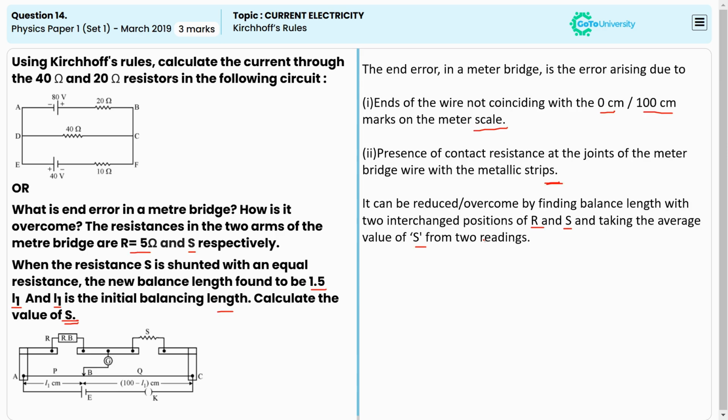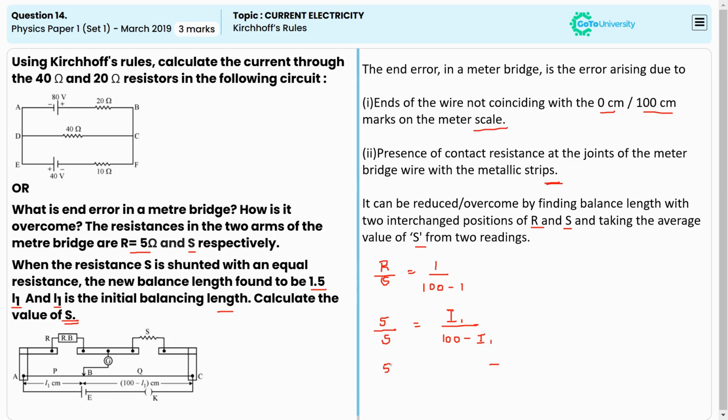Then we can write for a meter bridge R by S is equal to I divided by 100 minus I. For the two given conditions, we can write 5 divided by S is equal to I1 divided by 100 minus I1.